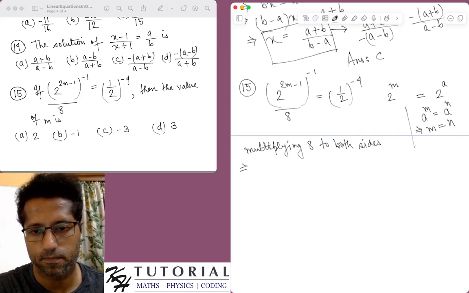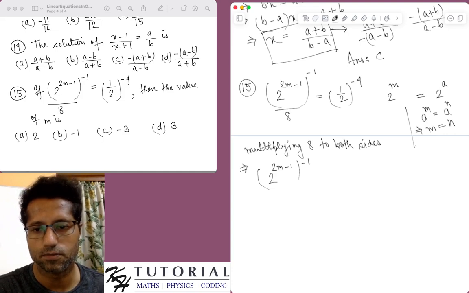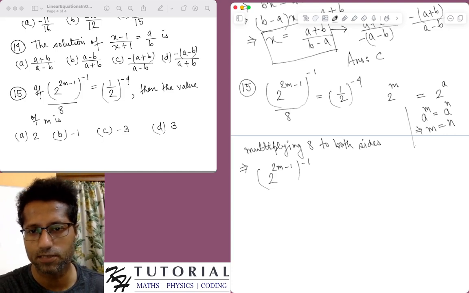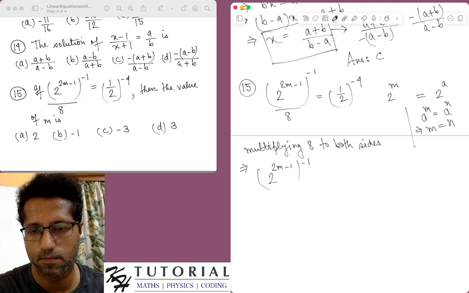This was 2 to the power 2m minus 1 and whole to the power minus 1. So the LHS after multiplying with 8 becomes 2 to the power 2m minus 1 and whole to the power minus m minus 1, and the right hand side becomes 8 into half to the power minus 4.